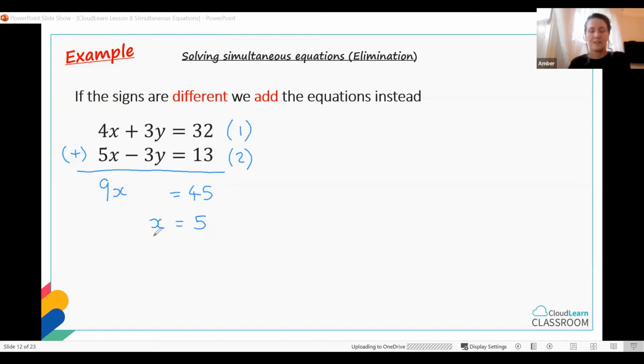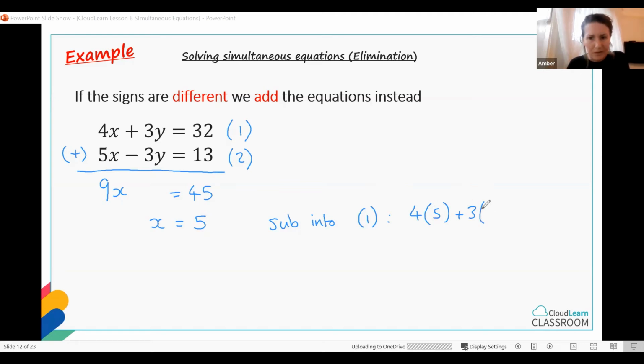And then step 4, all of the steps are exactly the same now. So step 4 is to substitute in. I'm going to choose equation 1. Again, it doesn't matter. So 4 times 5 plus 3 times y. I don't know what y is.